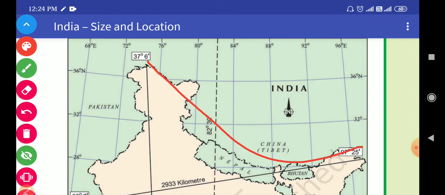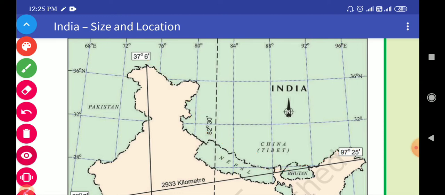It is called so because it was formed 15 million years ago when the Indian plate collided with the Eurasian plate. More detail on the formation of the Himalaya we will get in the second chapter, that is, physical features of India.